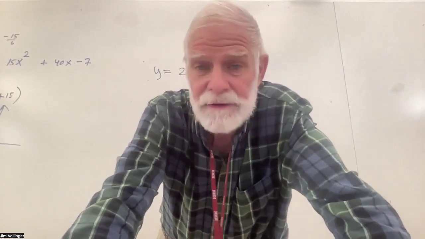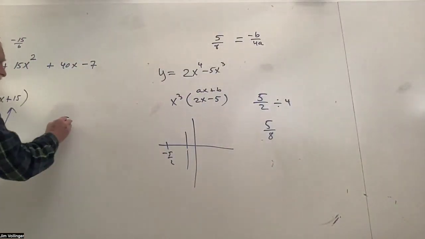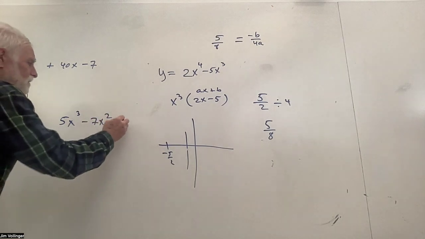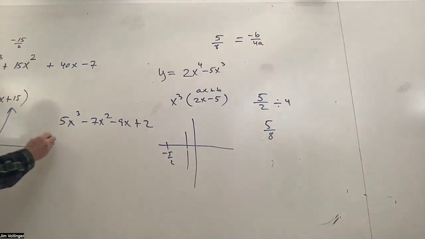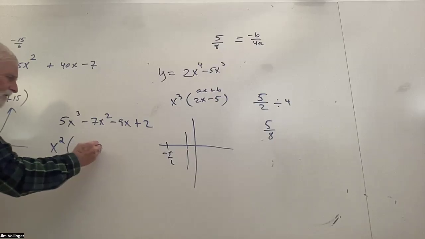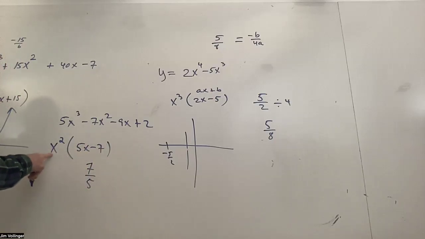But I'm just going to put it out there anyway, because it's a truism. And if you play with the graphs, you'll see that if you wanted to look at it very quickly, let's throw 5x cubed minus 7x squared plus 2, very non-friendly numbers, right? If I take out what's common from the first two terms, I've got x squared times 5x minus 7. Okay, I got 7/5. That's the distance from 0.